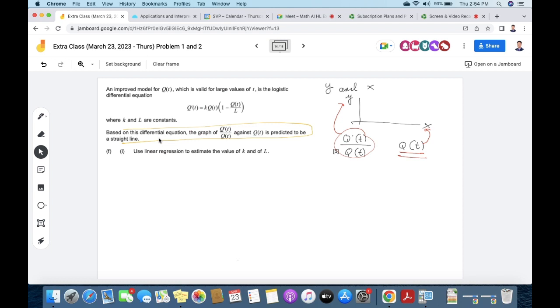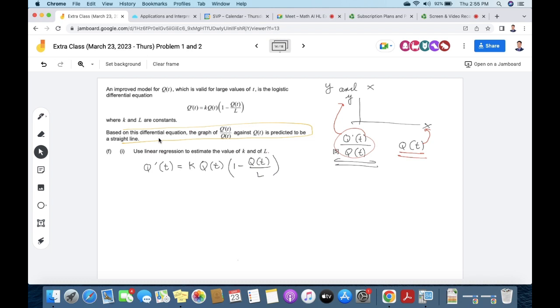Okay. So from here alone, before we try to do any comparisons, before we try to do any lines or any regression, I'd like you to go back to the equation given on top. We have here q prime of t equal to k q of t times 1 minus q of t over L. So we need to rewrite this in the form q prime of t over q of t, because that is our y.